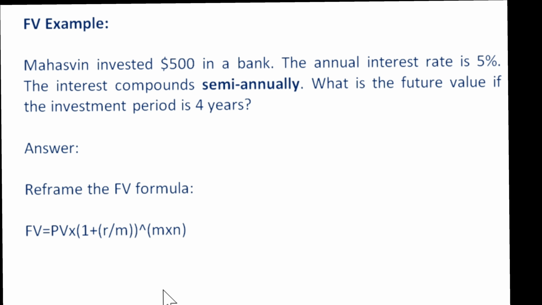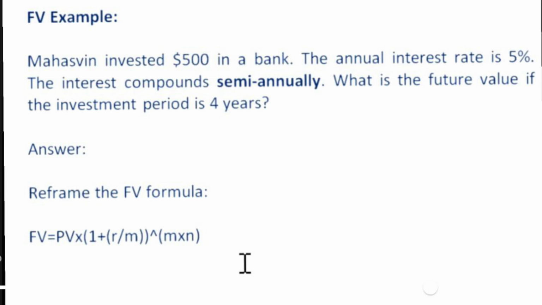So, these are the variables: PV, R, M, and N. PV is the invested amount. R is annual interest rate. M is 2 because the interest compounds semi-annually. So, it compounds 2 times per year. N is number of years, 4.